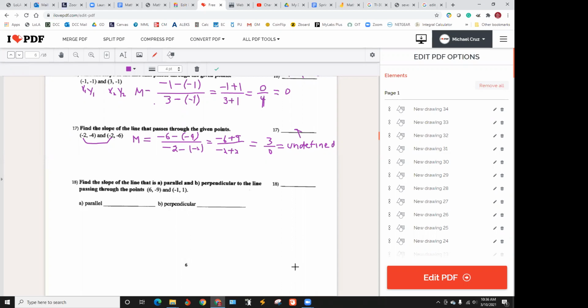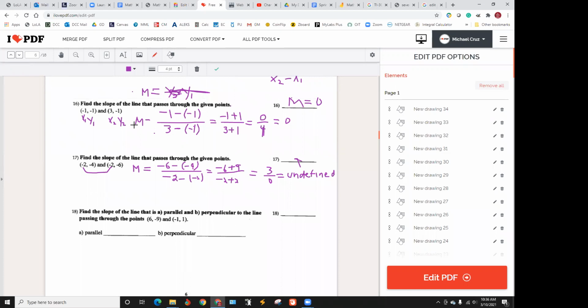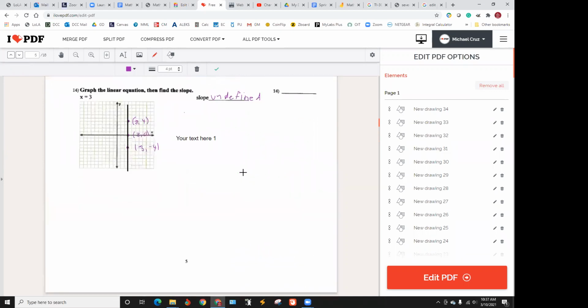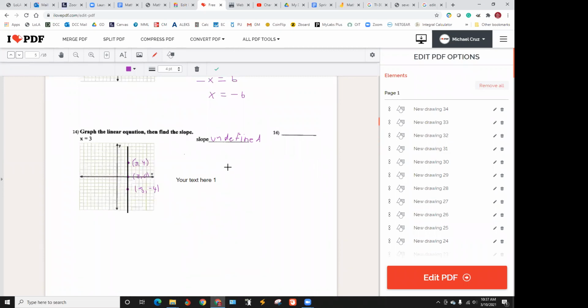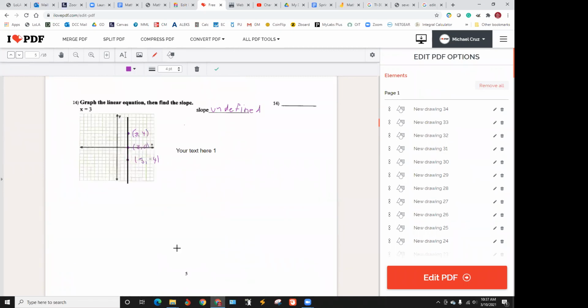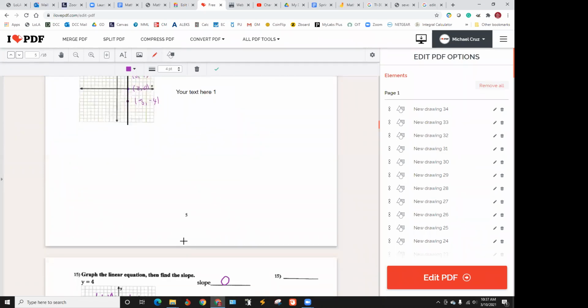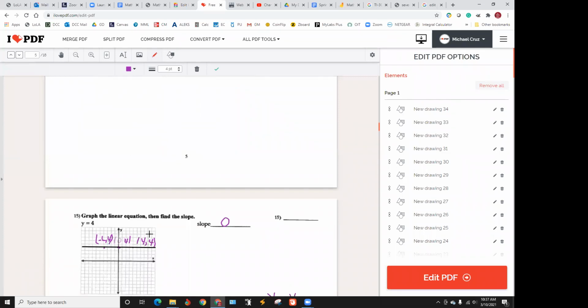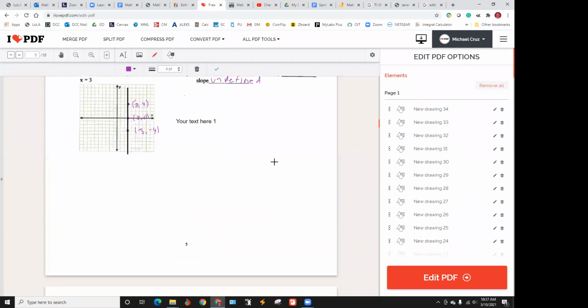All right, so remember the whole parallel and perpendicular? Well, first of all, let's just make the point that these two lines are perpendicular to one another. Say this is one that's got slope undefined, and this is one that's got slope 0. So this one is perpendicular to that one.